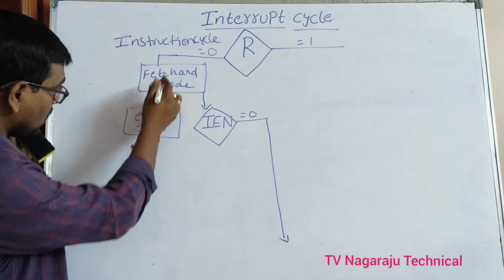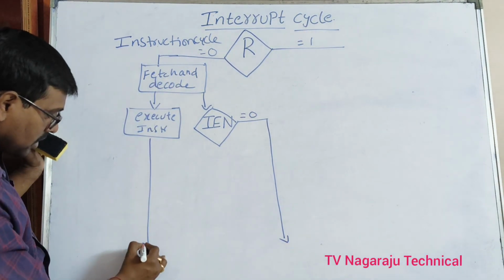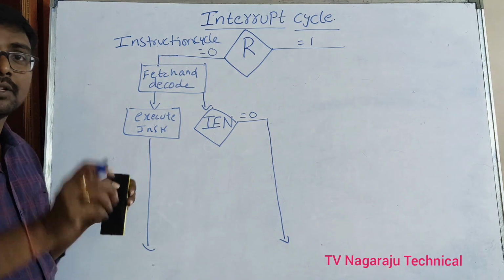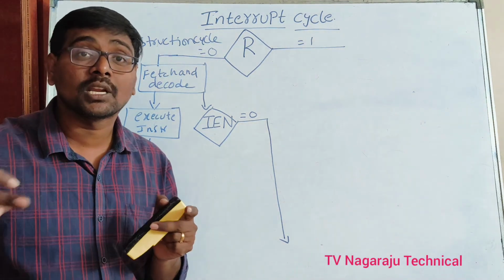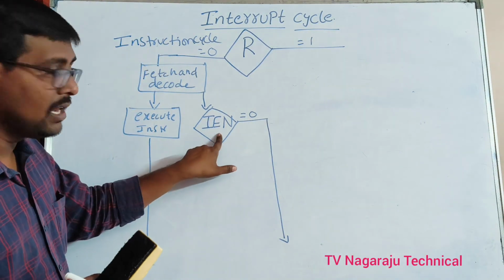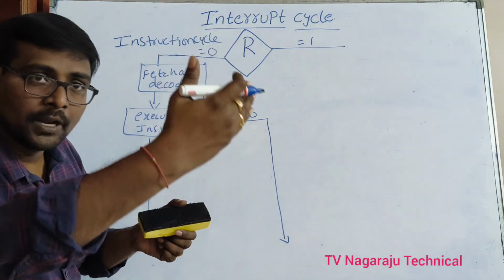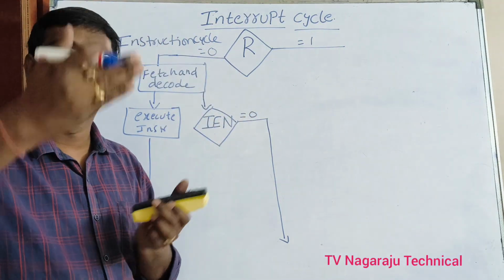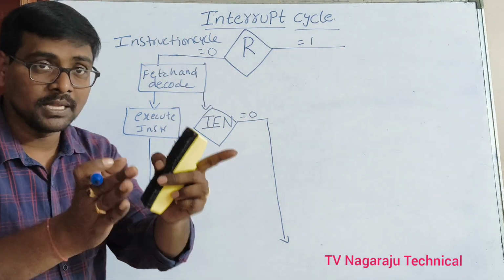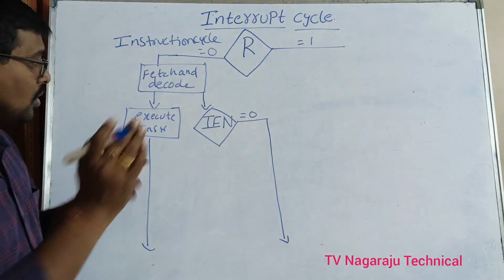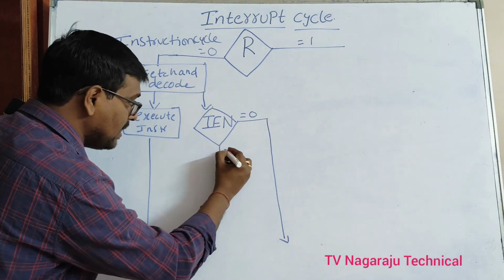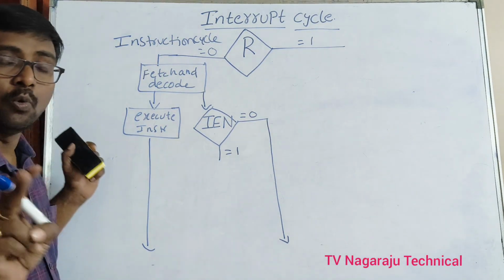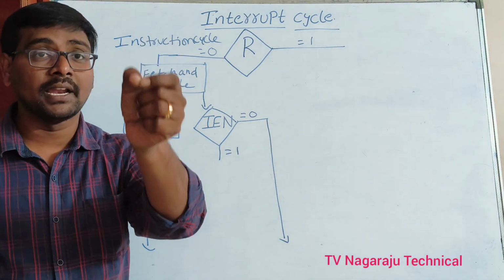That means my sequential execution is completed and it moves to the next instruction cycle. If IEN value is equal to 0, after completion of one instruction, obviously it moves to the second instruction. Suppose IEN value is equal to 1, which means the interrupts are enabled.